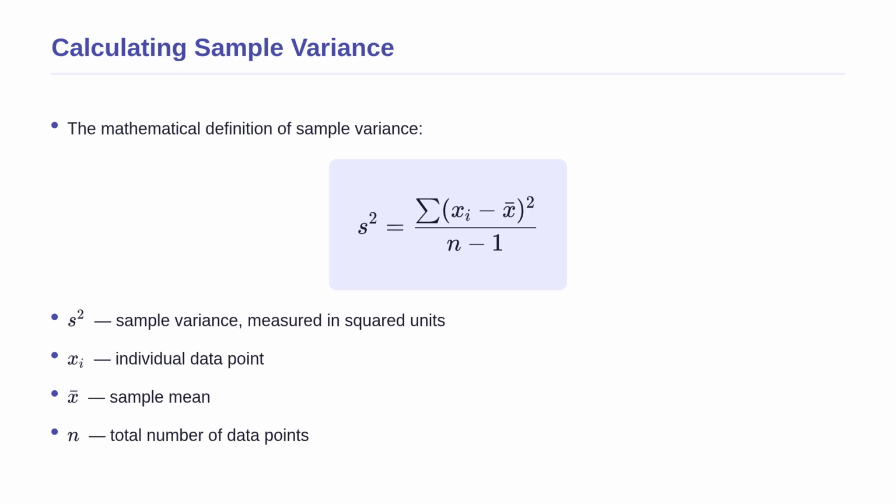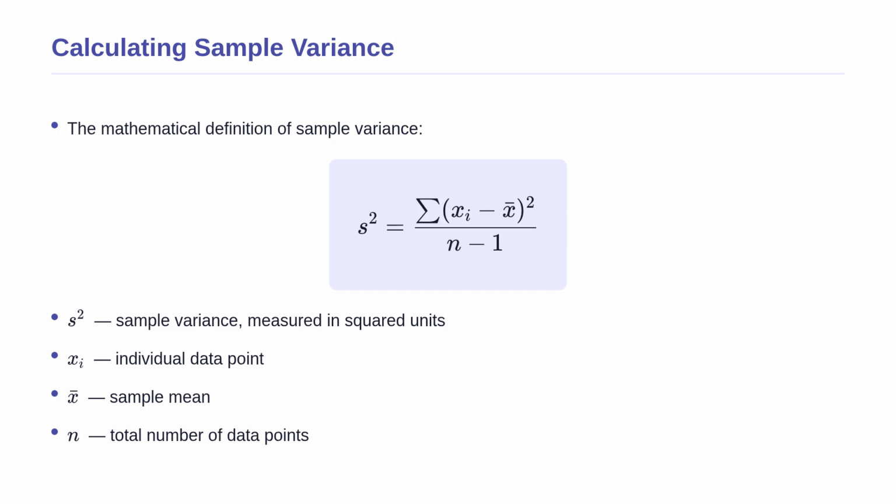This brings us to the mathematical formula for sample variance. Let us break it down. The symbol S squared represents the sample variance. Inside the numerator, we take each individual data point, xi, subtract the sample mean, x bar, and square the result. The Greek letter sigma tells us to add all these squared deviations together.